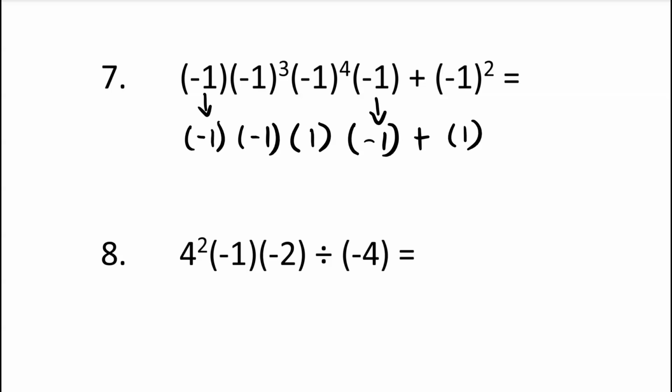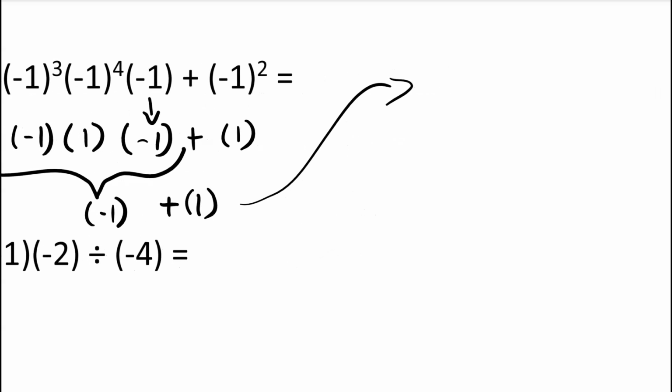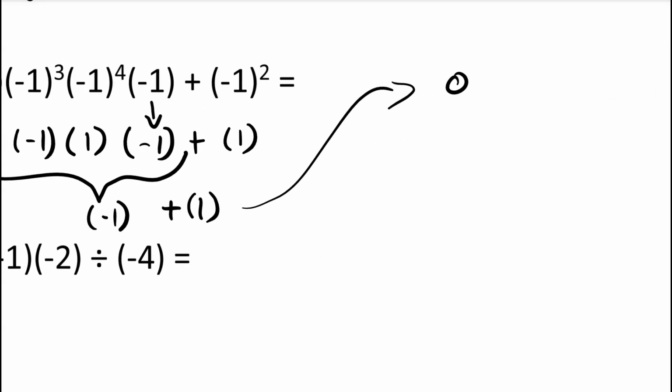Positive 1 times positive 1 will still stay as 1. And then positive 1 times negative 1 creates a negative 1. So all this becomes negative 1. And we still have the plus 1 at the end. So we have negative 1 plus 1, which finishes us off and gives us a 0.